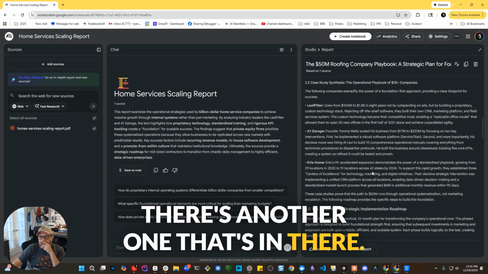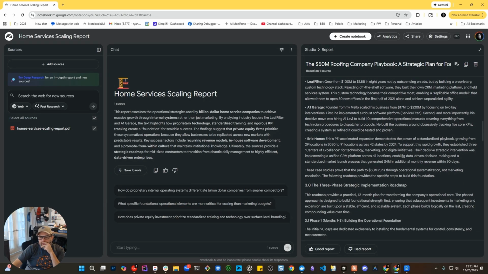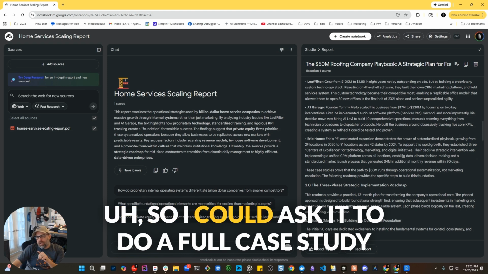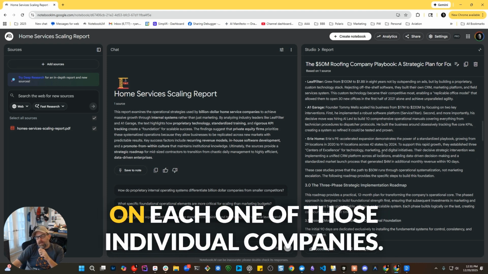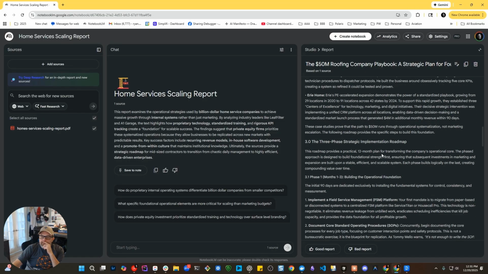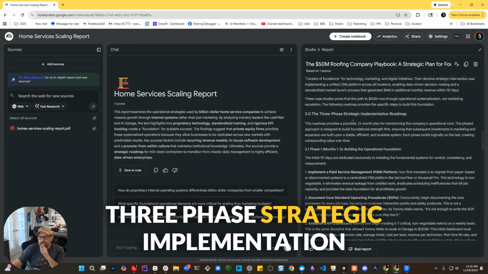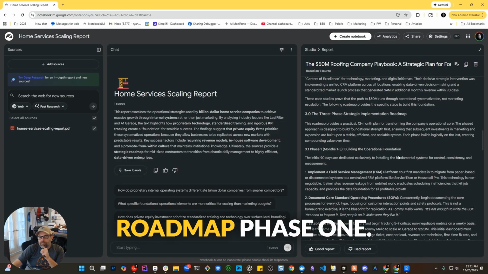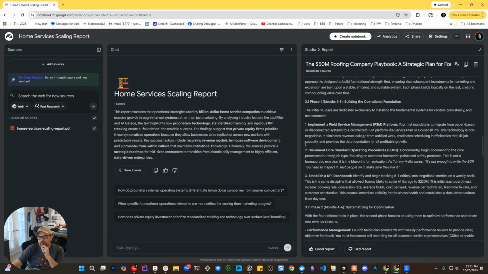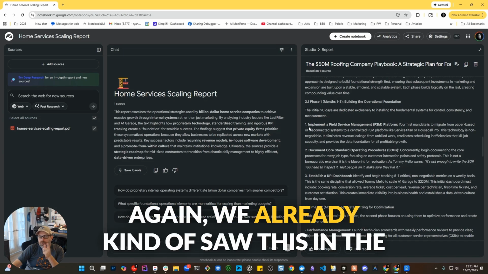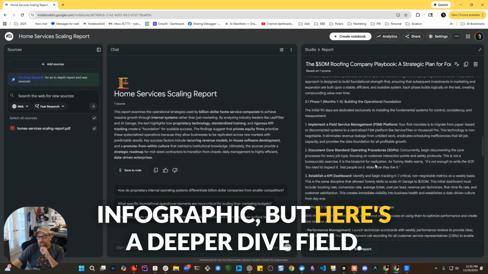There's another one that's in there. So I could ask it to do a full case study on each one of those individual companies. Three-phase strategic implementation roadmap. Phase 1. Again, we already kind of saw this in the infographic, but here's a deeper dive.